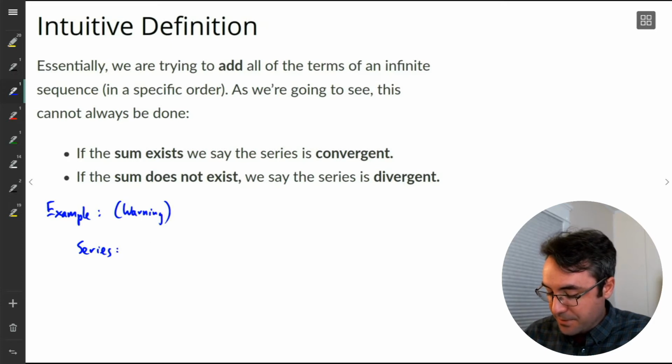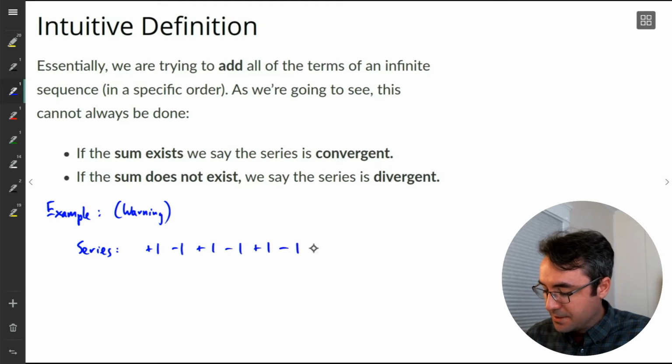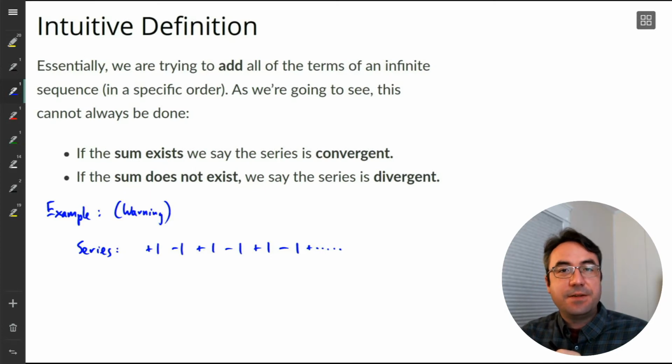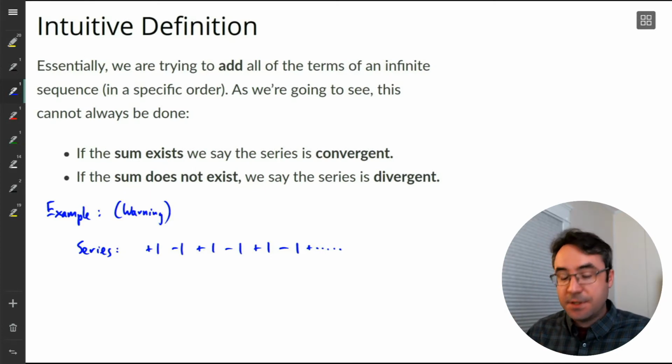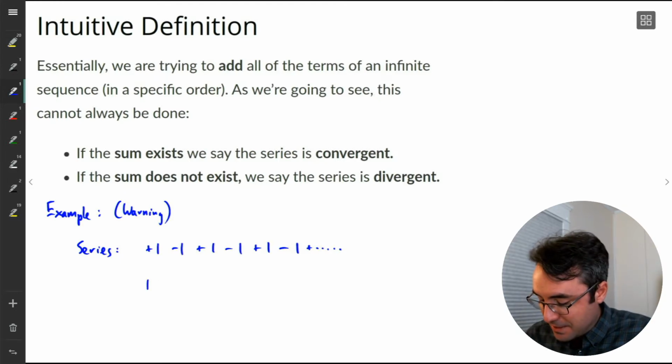So let's start with +1, then we'll subtract 1, then we'll add 1, subtract 1, keep going like this. So that's an infinite series. We're taking a sequence and we're just attempting to add up all the terms of that sequence. Now, what we're used to is, let's write this out again. We're going to write it out 2 more times, to see what seems plausible but actually produces very different results. So let's write this out a couple different ways.